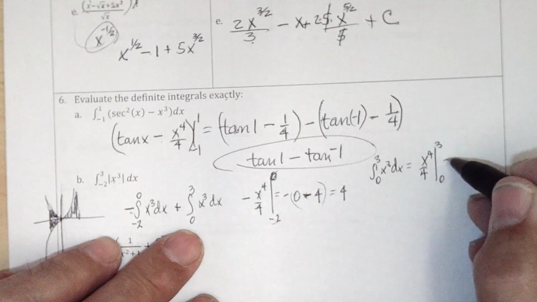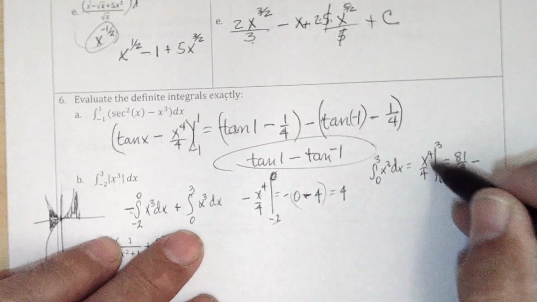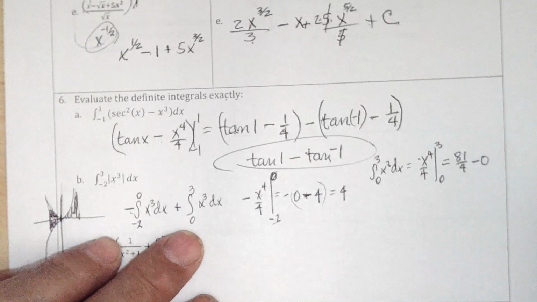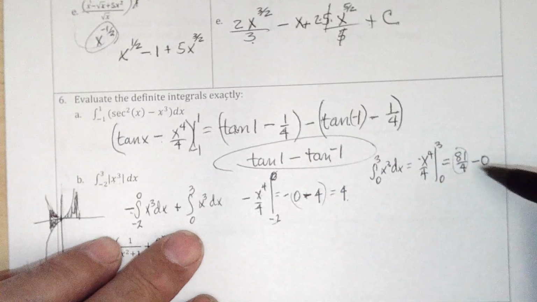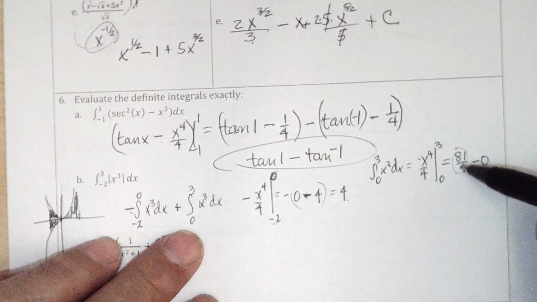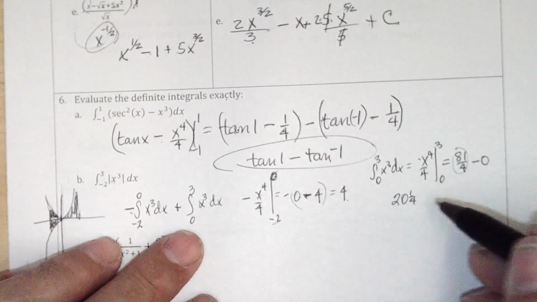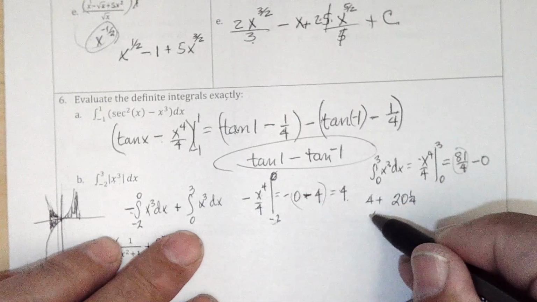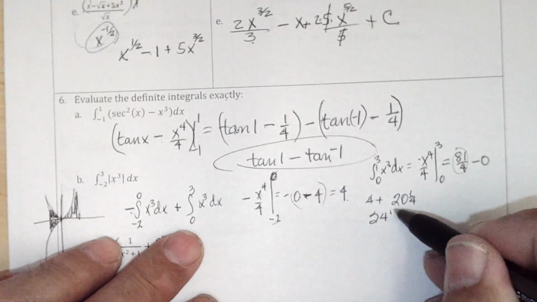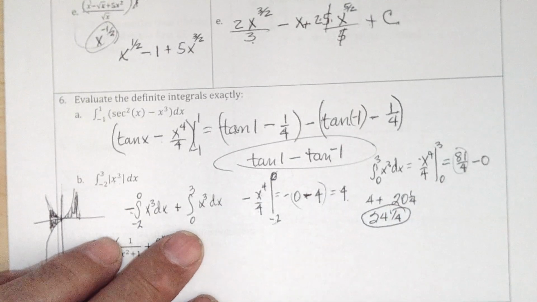So this equals 81/4 minus, put 0 in there, you get 0. So we have 4 plus 81/4. Now 81/4 is 20 1/4 plus 4. So it's 24 1/4.